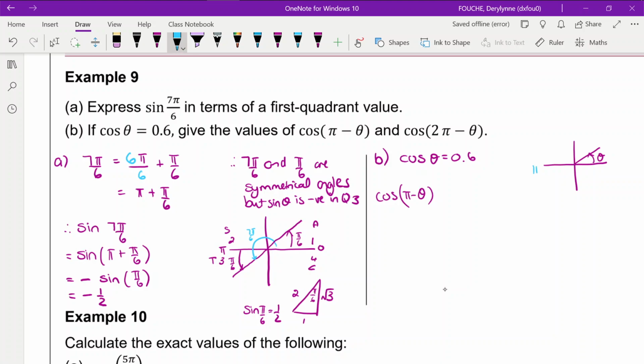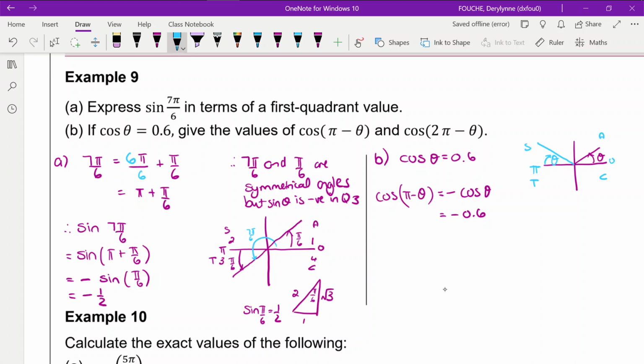Here is where pi is, and pi minus theta means negative, I'm going in the clockwise direction, so theta is sitting here. It's the same angle, so they're symmetrical, but I need to know whether cos is positive or negative. So I go C, A, S, T, and cos is negative in quadrant 2. So that means it's going to be equal to negative cos of theta, and that means the answer has to be negative 0.6.